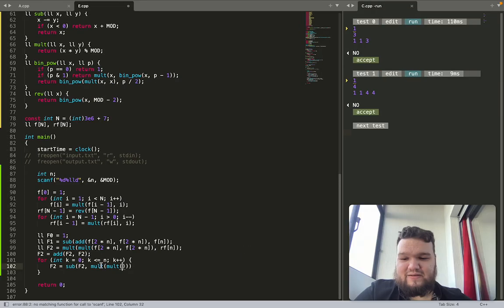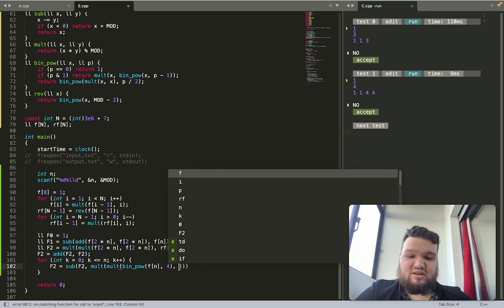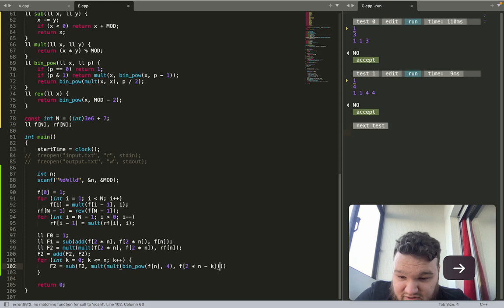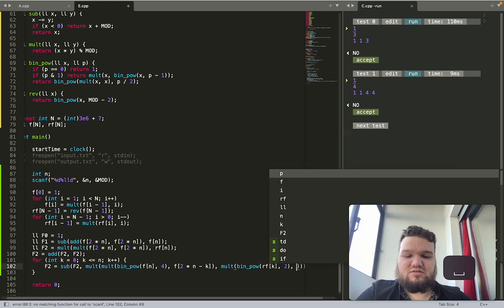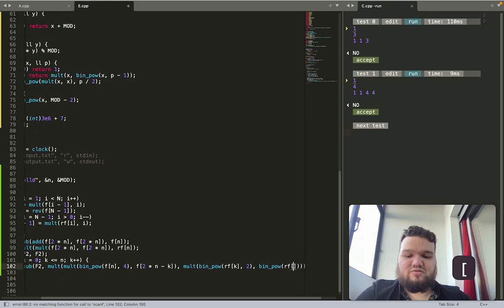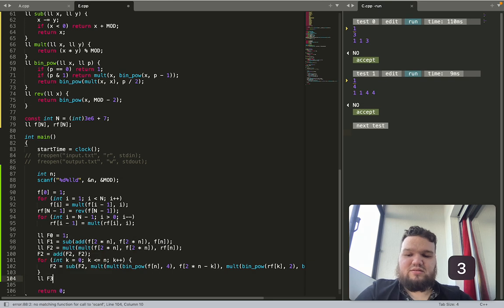Okay. So it's n factorial to the fourth multiplied by 2n minus k factorial and multiplied by inverse factorial of k squared and inverse factorial of n minus k to the third. And f3 is just 3n factorial.